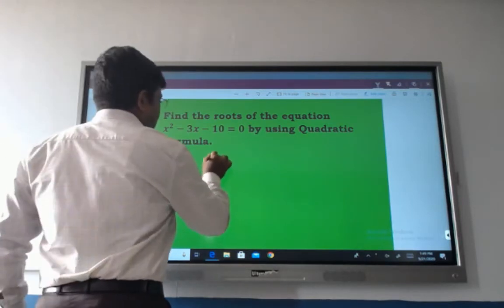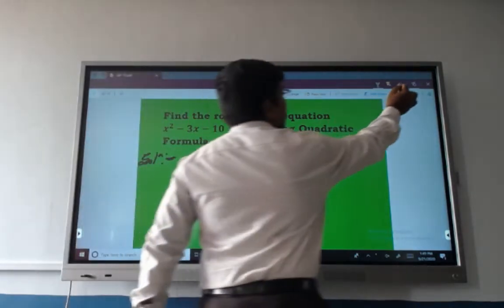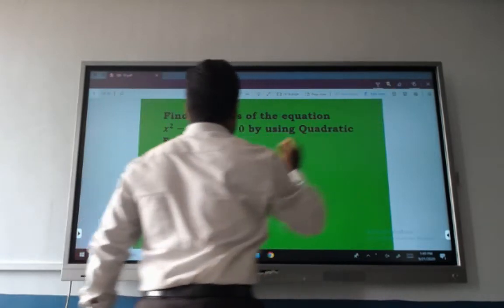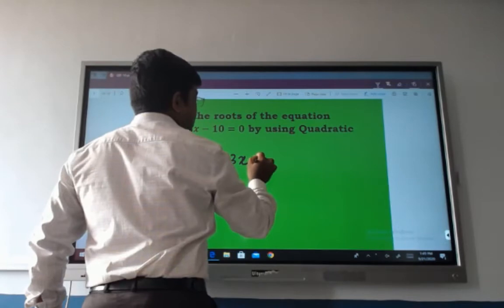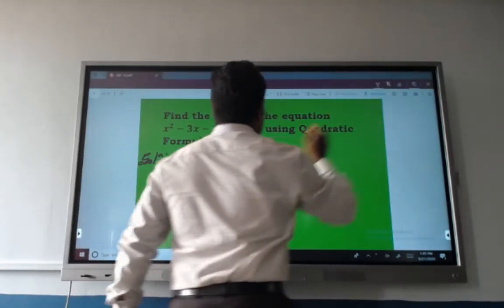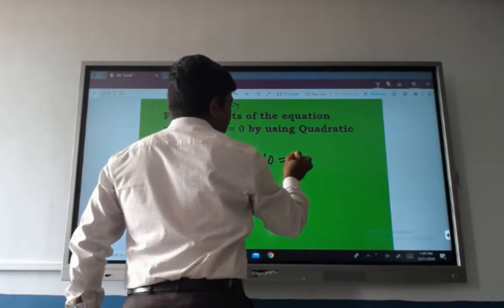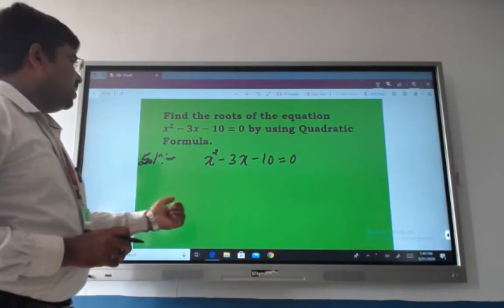So we'll write this one as x square minus 3x minus 10 is equal to 0. Same equation I will put here.